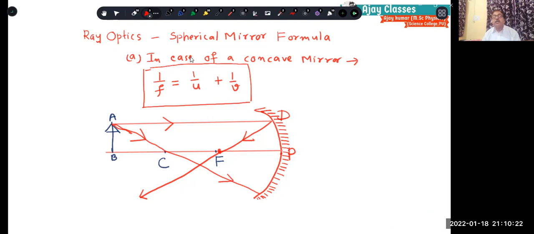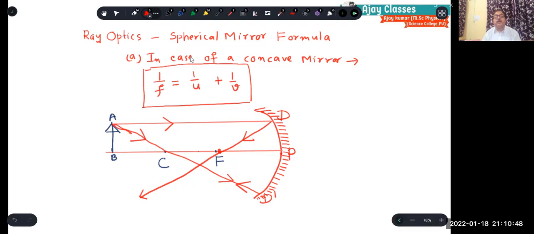We may take here as D dash, and it once bounces back, retraces the path, and there is actual intersection of the two rays, one coming through the focus and other coming from the center of curvature and then returning back, retracing to intersect at any one point which lies between C and F.